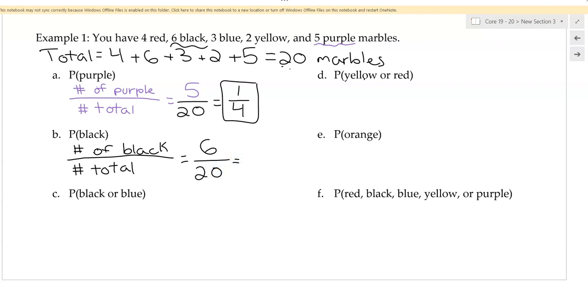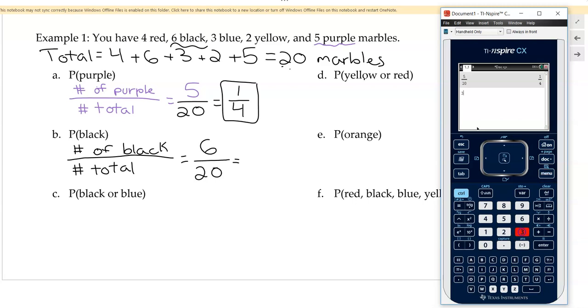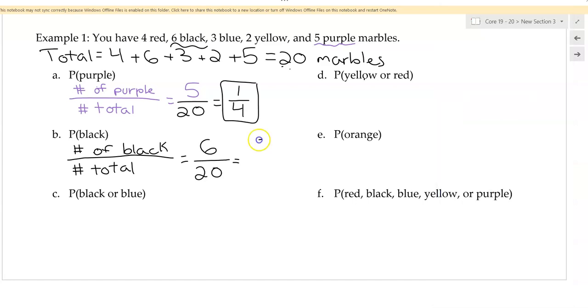I'm going to check if it can reduce in our handy-dandy calculator. 6 divided by 20 gives me 3/10. So 3 out of every 10 times I pick a marble, it should be a black marble.